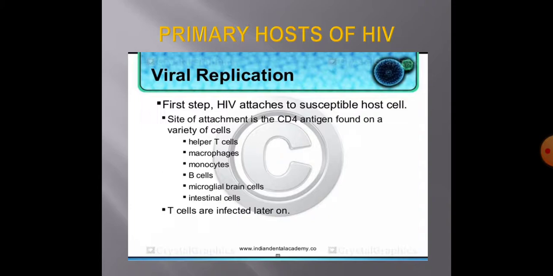This CD4 stands for cluster of differentiation 4, and the name is given to a specific antigen, a specific protein which is found on the cell surface membrane of the host cells. So primarily it is the helper T cells or T lymphocytes.